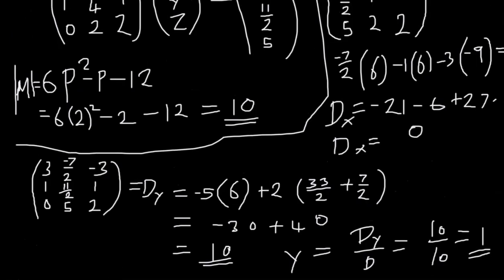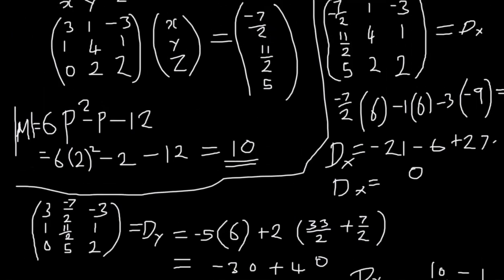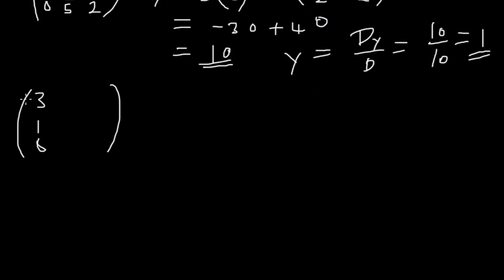First, let us copy what is in the y: 1, 4, 2. So 1, 4, 2 is in the y column. Then you're going to have 11 over 2 in the z column there, and then lastly, you're going to have 5 there.